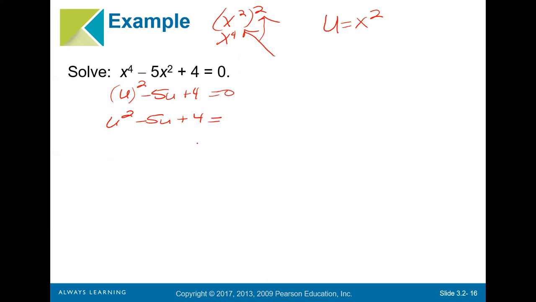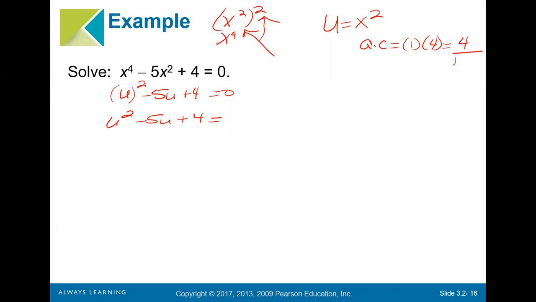Now that I've done this, I'm going to factor this. You can use the quadratic formula here, or we can ask ourselves what product of a times c, which is 1 times 4, adds to give me negative 5. A times c is 1 times 4, which gives me a product of 4.